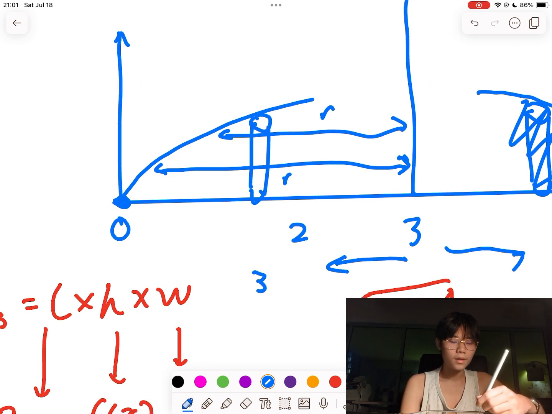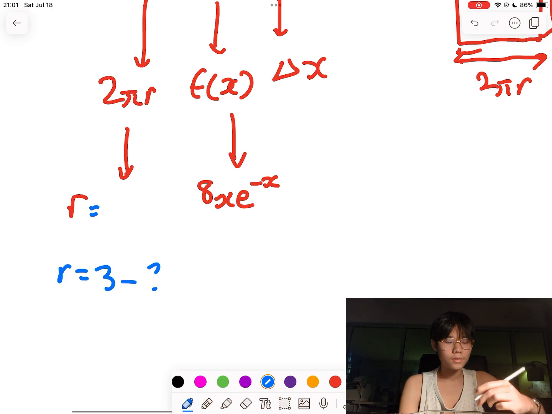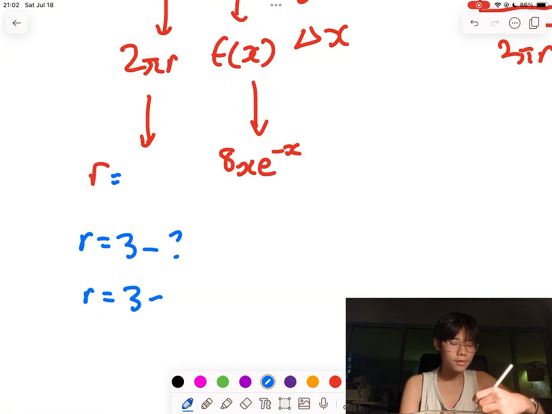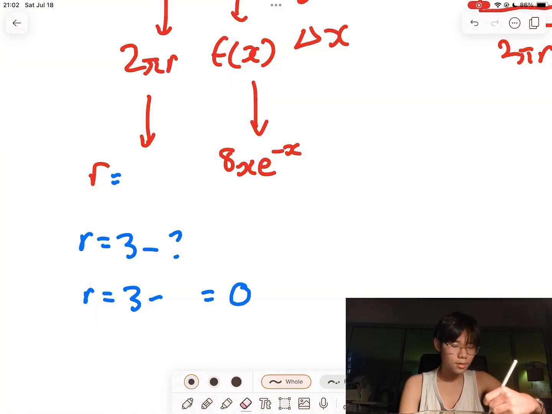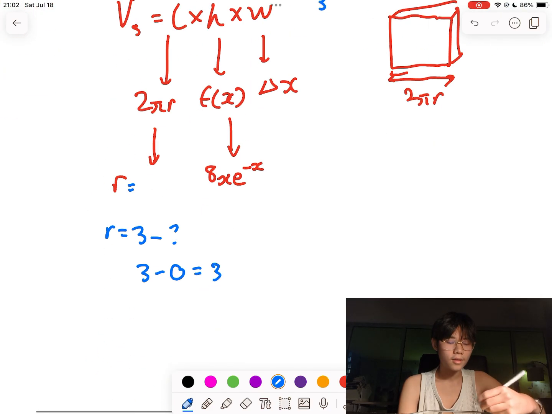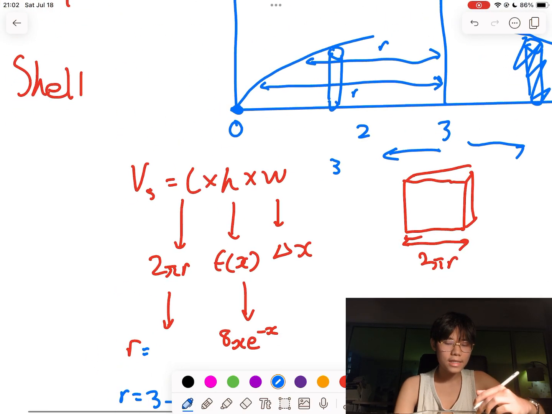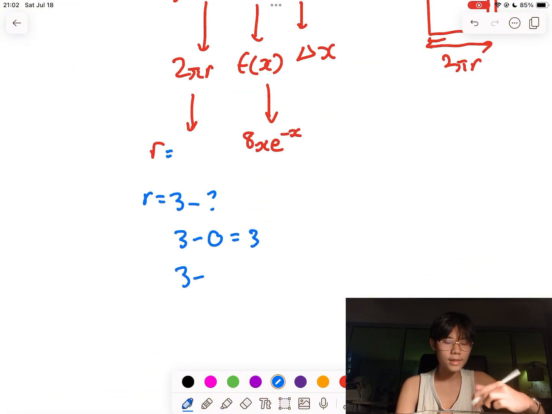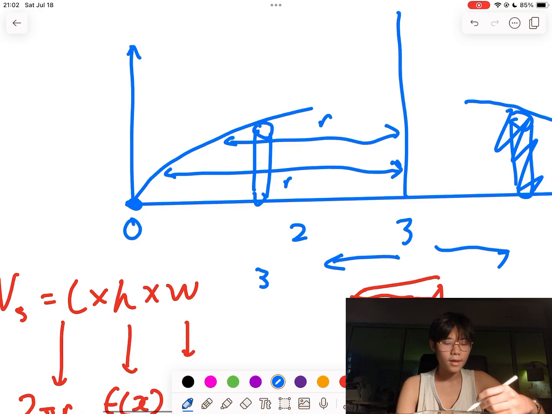So if we put our slice at 0, we've got to get 3. And 3 minus what gets you 3? 0. Now let's say we put the slice at 1.5.